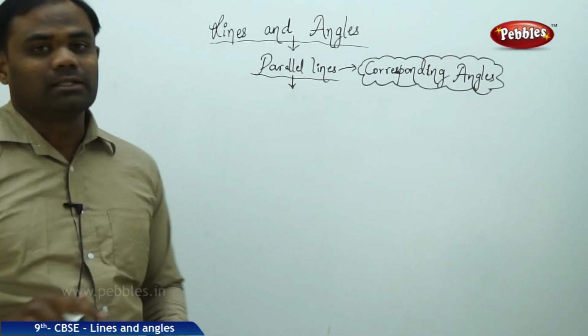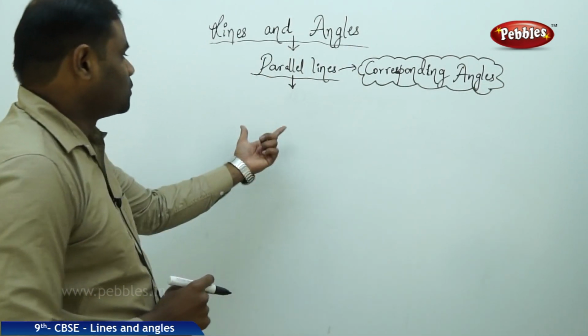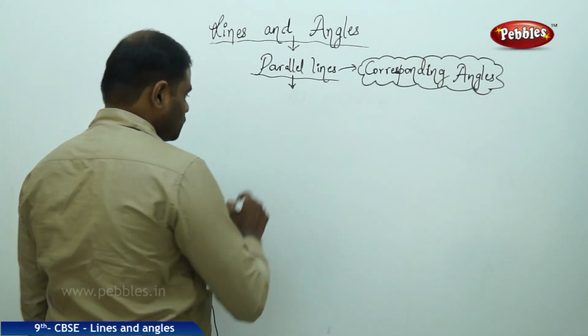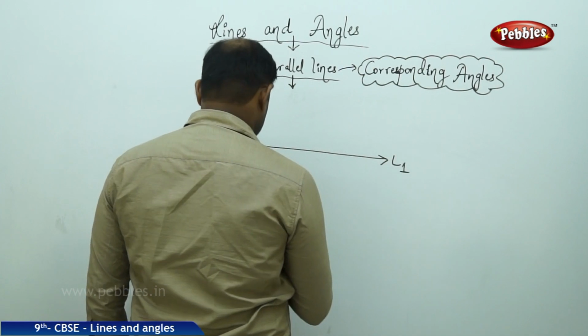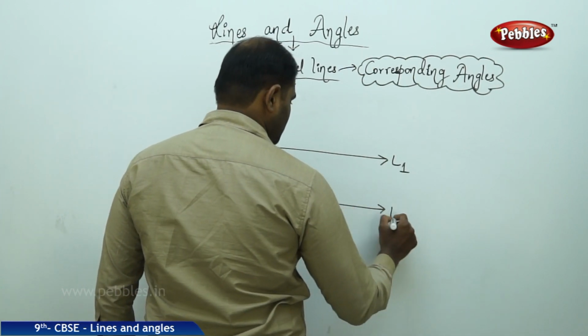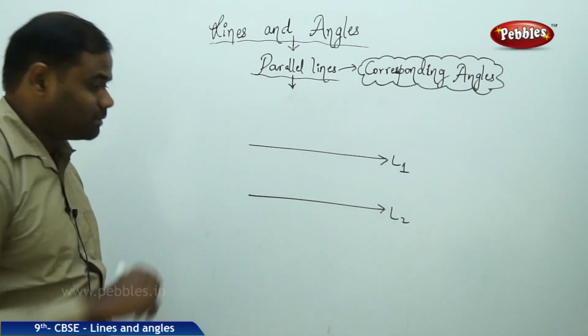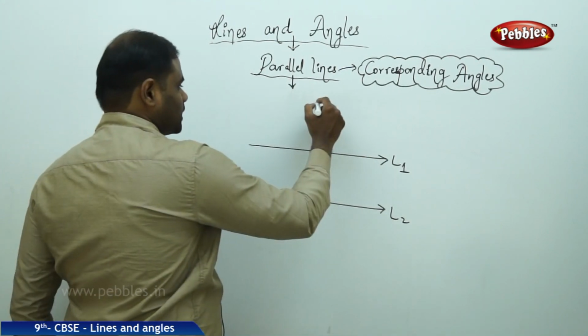Corresponding angles in the pair. So let's take one pair of parallel lines L1 and L2. Let there be a transversal which cuts the 2 lines.